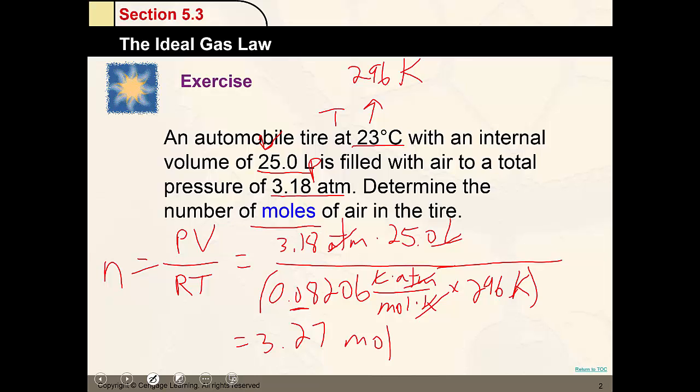Remember, oxygen is one of your diatomic molecules, so you would have to use the molar mass not just of oxygen, but of O2. So remember, your diatomics are hydrogen, oxygen, nitrogen, and also those in group 17. Okay, so that's if solving for a number of moles.